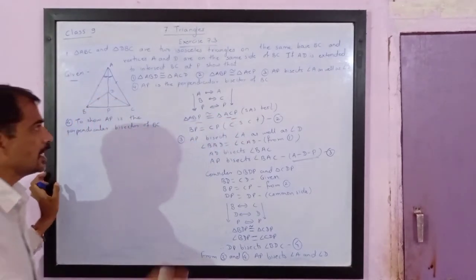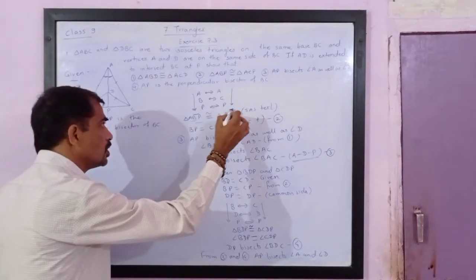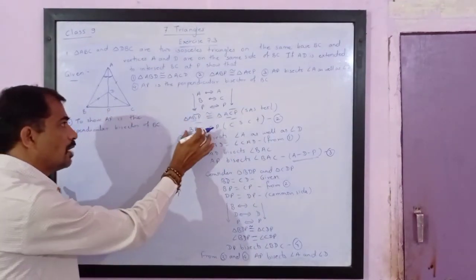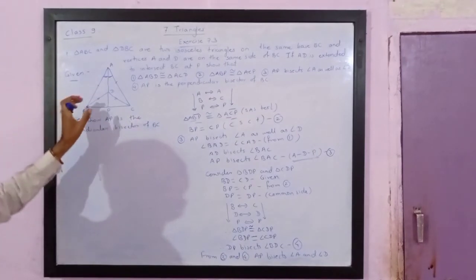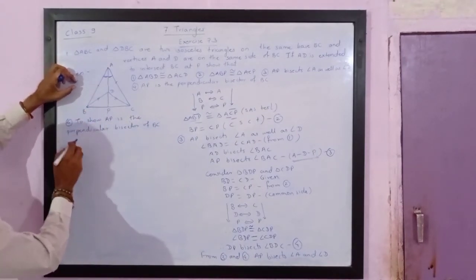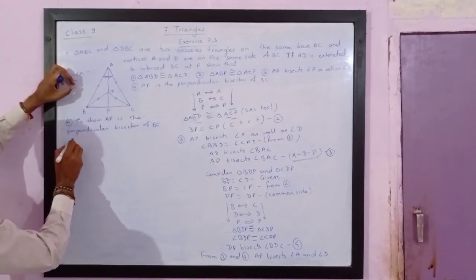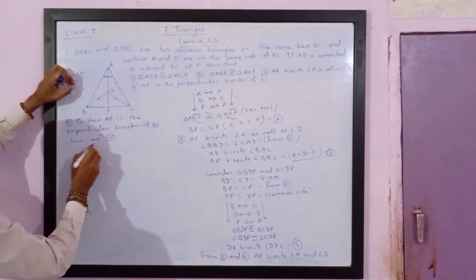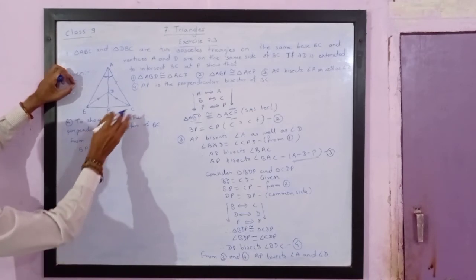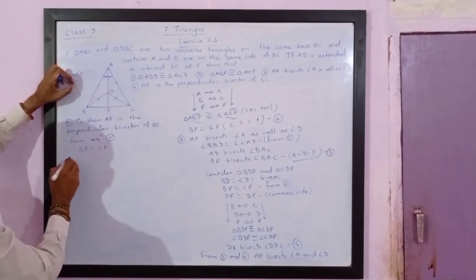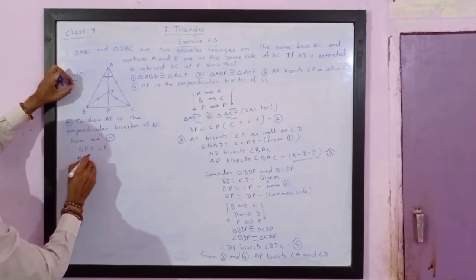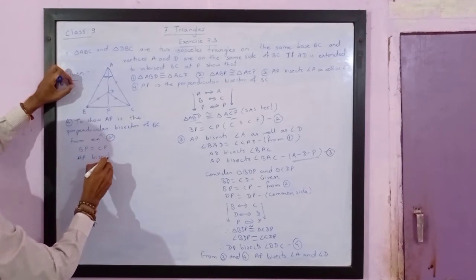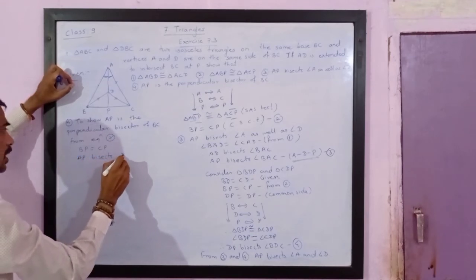From this, I can say that BP is equal to CP. From equation 2, BP is equal to CP. Therefore, I can say that AP bisects BC.